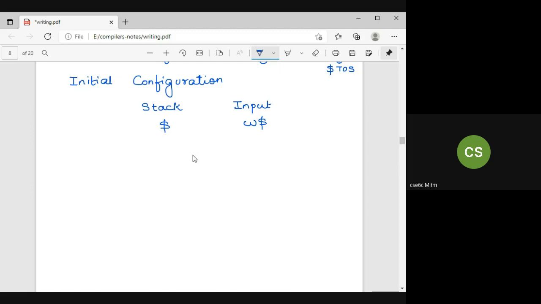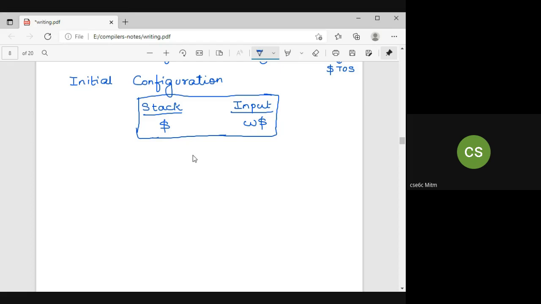So here in the stack, the dollar represents the bottom of the stack, and no contents inside the stack. So it's just an empty stack where just the dollar sign has come. So this is the initial configuration. The very first step in your shift reduce parsing will be this configuration, and you have to go on taking actions for this initial configuration.